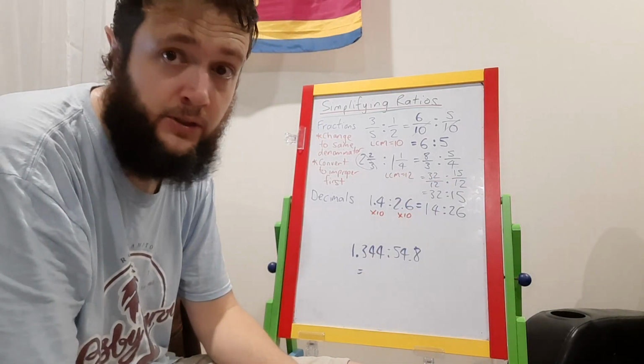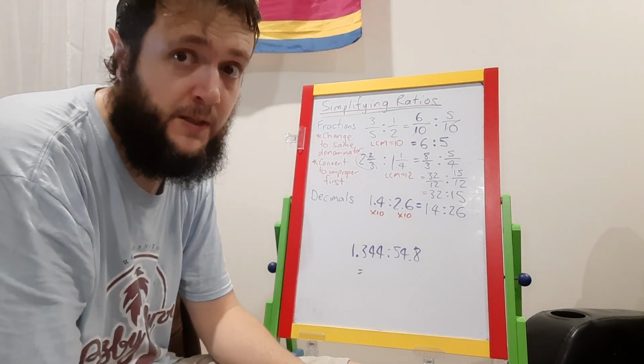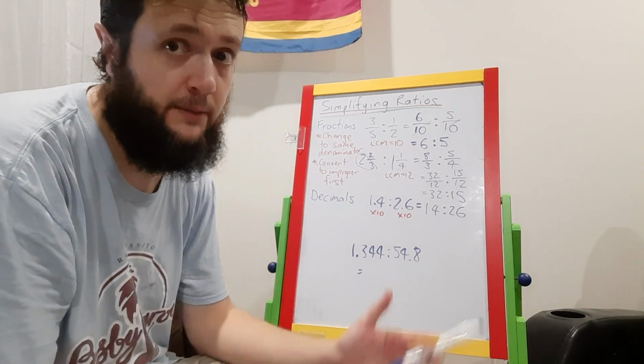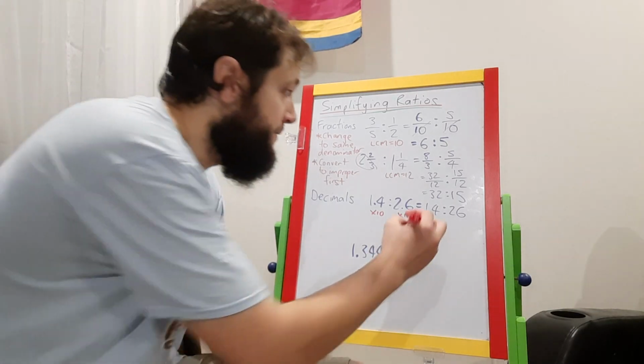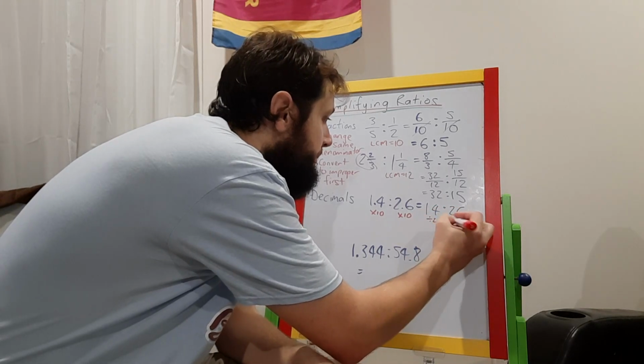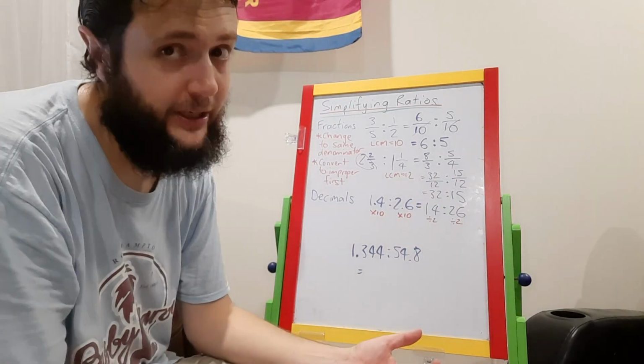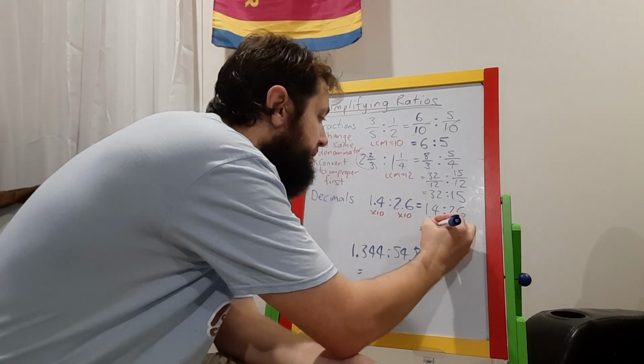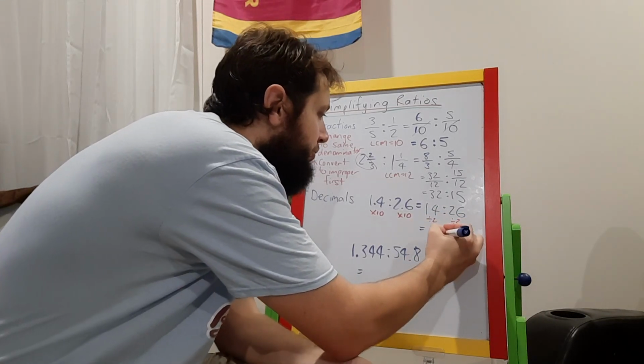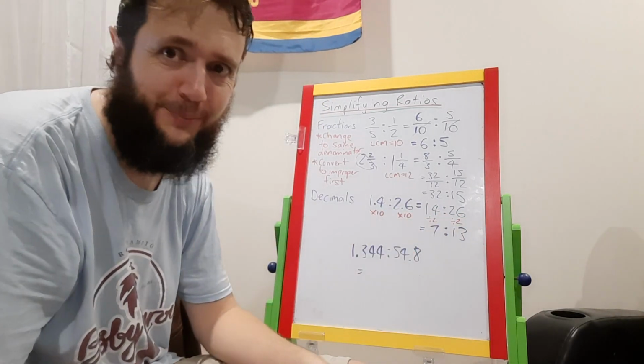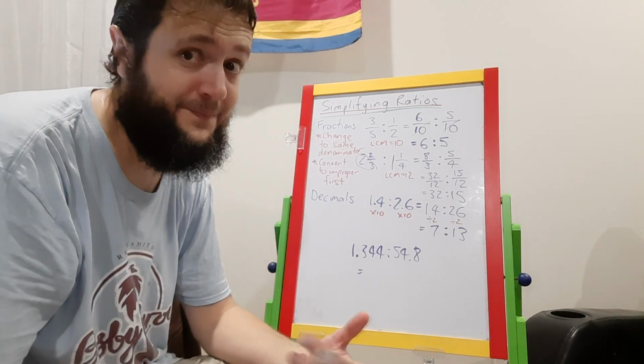Do they have anything in common? Can I simplify them? Pretty clear they will be able to be simplified because both of them are even numbers. So I'm going to divide both sides by 2. If they're both even, they're both divisible by 2. That's going to give me 7 to 13. Pretty sure that's going nowhere because they're both prime numbers. Do you remember what prime numbers are?